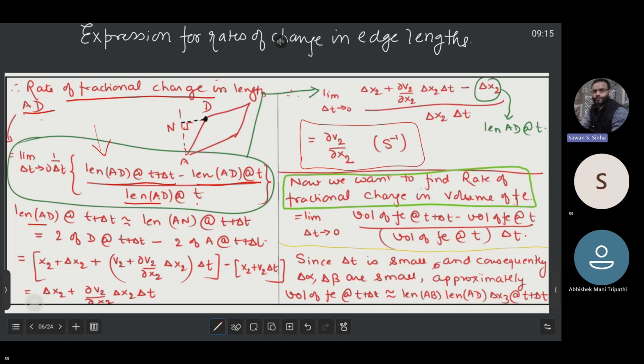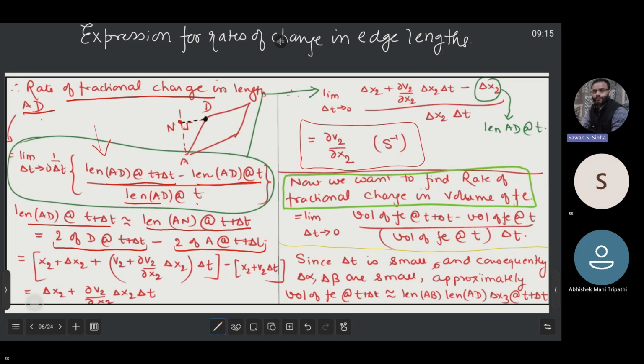The length of AD at time t plus delta t, I argued on my previous slide, is almost the same as the length of AN at time t plus delta t, and then the length of AN at time t plus delta t is the second coordinate of D at t plus delta t minus the second coordinate of A at t plus delta t.